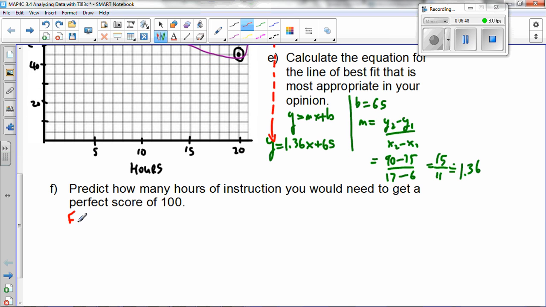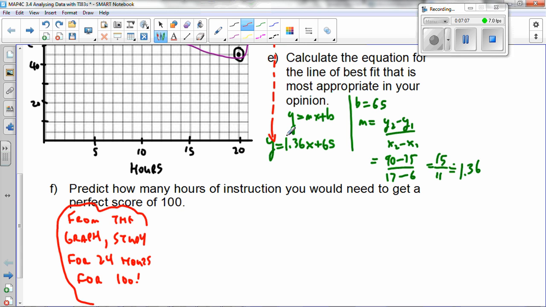So I'm going to say from the graph, study for 24 hours of instruction. That's from the graph, but of course, we don't like the graph.